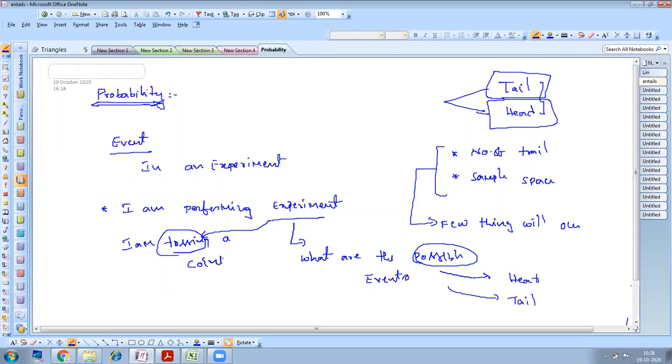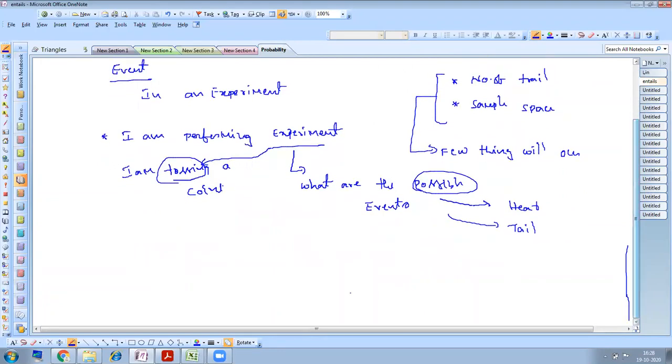But my requirement is, what is the probability of getting head? For example, out of all the events, how many events are favorable to your requirement?